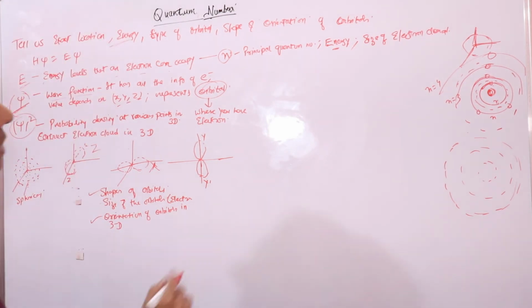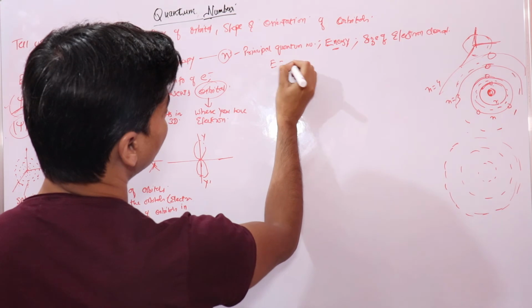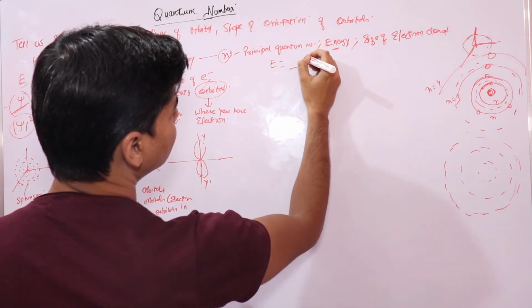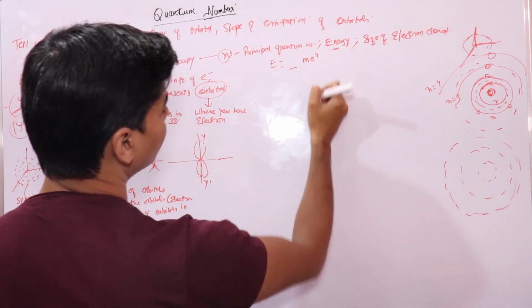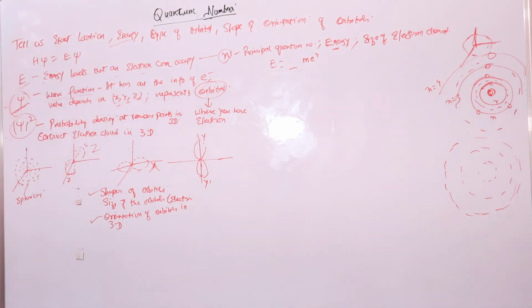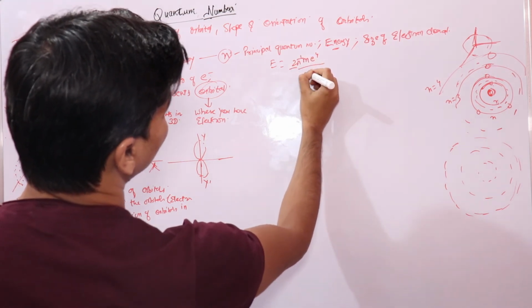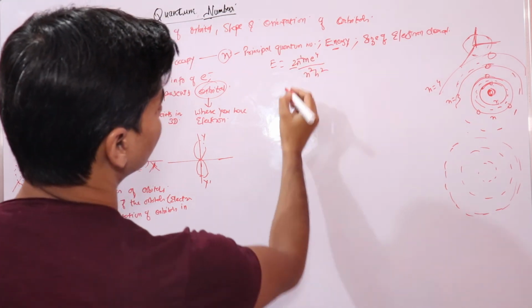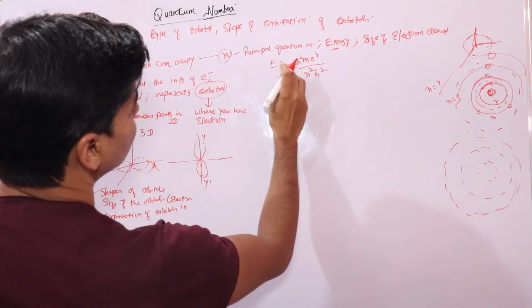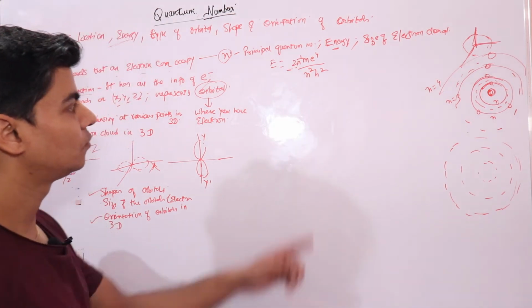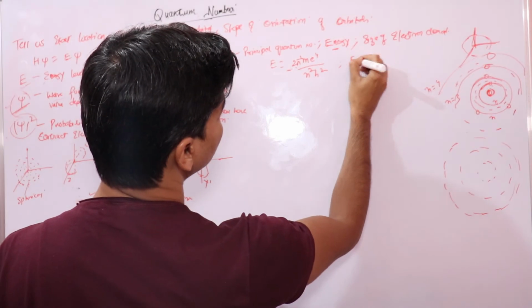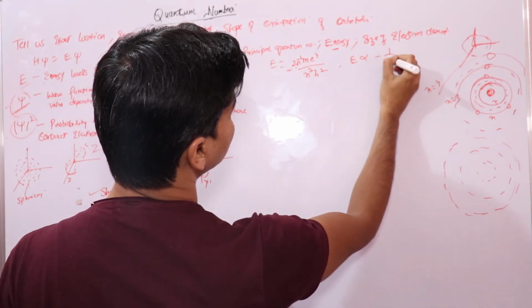So it tells us about the energy, and energy is given by the formula we have done before: minus 2 pi square m e to the power of 4 upon n square h square. You can see from this that energy is inversely related to 1 upon n square.